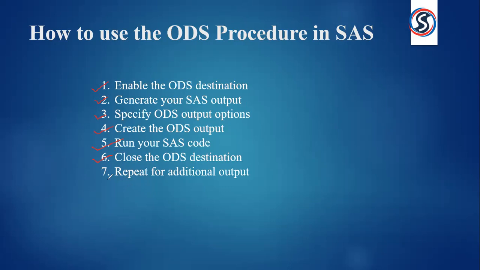And the last step, repeat for additional output. If you need to generate multiple outputs in different formats, then you have to repeat steps 1 to 6 with the appropriate ODS destination and options.